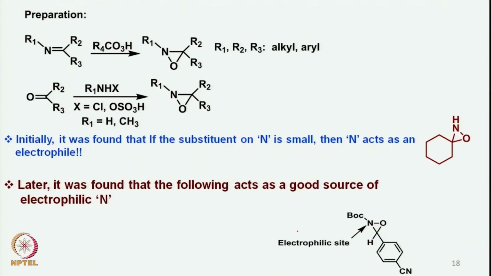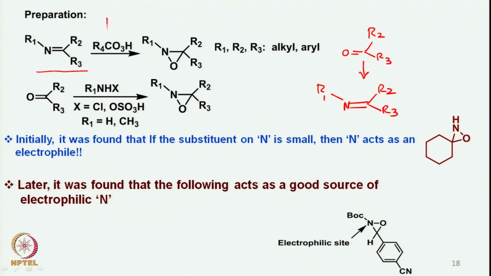How do we prepare these oxaziridines? There are several methods, but I have shown here two methods. One can start with an imine prepared from the corresponding ketone. So, if we start with the R2 R3 ketone here, we can prepare the corresponding imine easily, and we can then react it with any peracid.